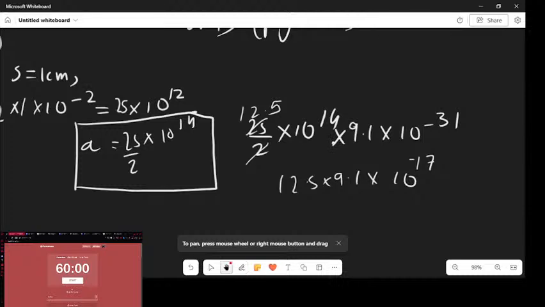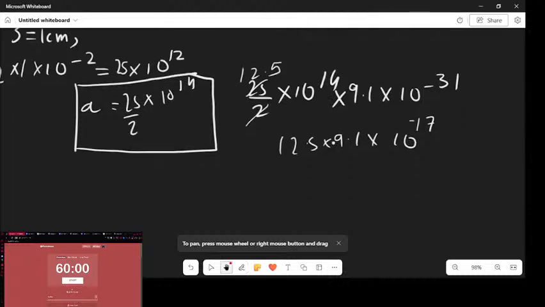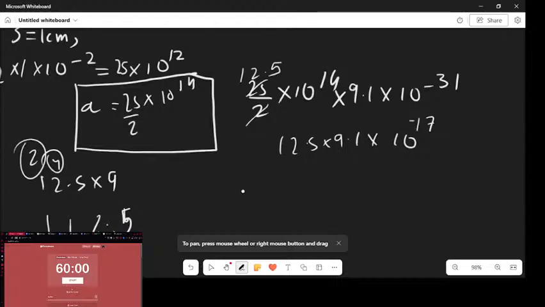What is 12.5 into 9.1? Do we need a calculator? No, I need to complete this very quickly, and I don't have a calculator. Let's consider it to be 9, so 9 fives are 45, and so on, and it comes to 112.5 into 10 to the power minus 17.